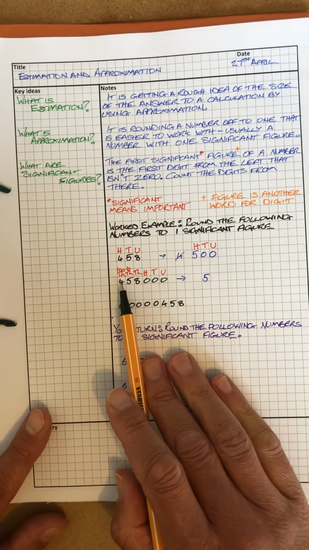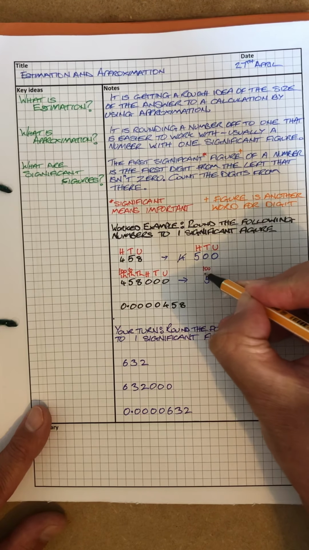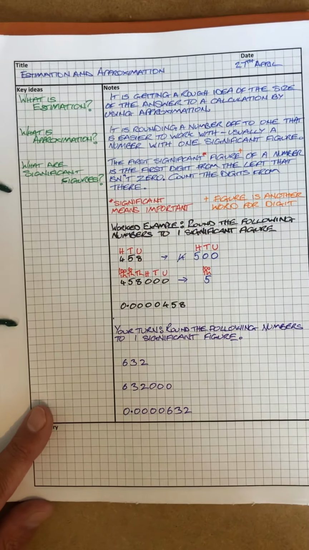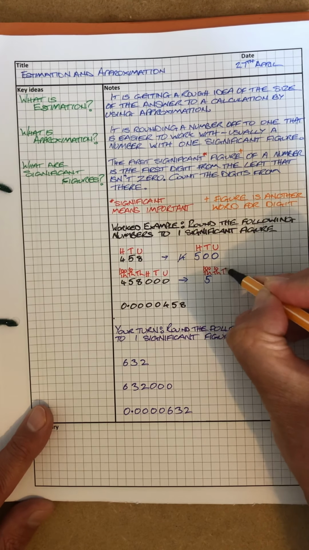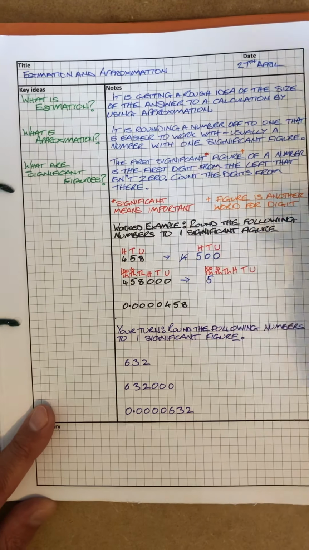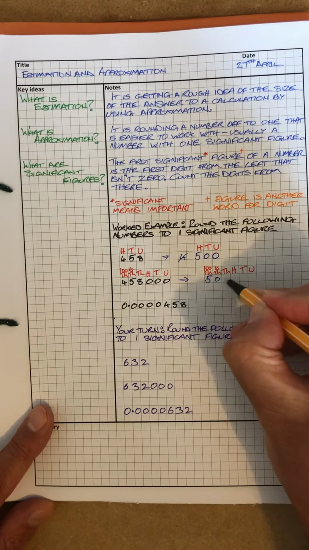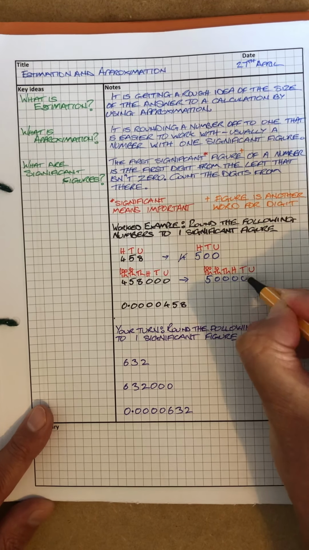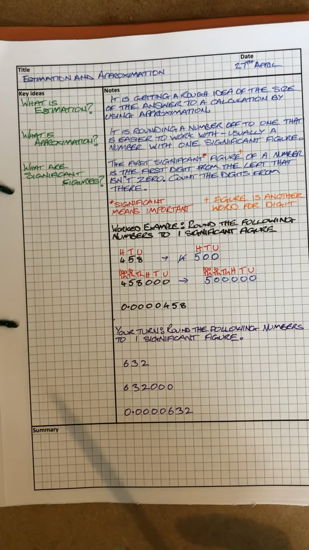I need my first digit to stay in the 100,000s column. So I need to say that there are no 10,000s, no thousands, no hundreds, no tens, and no units. So these are all going to be zeros.